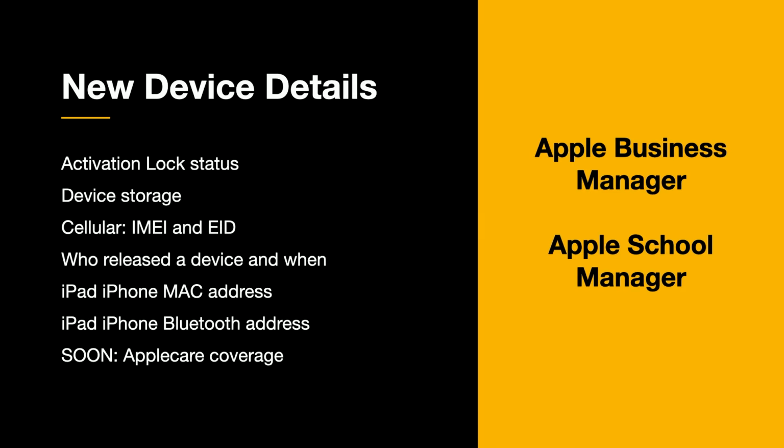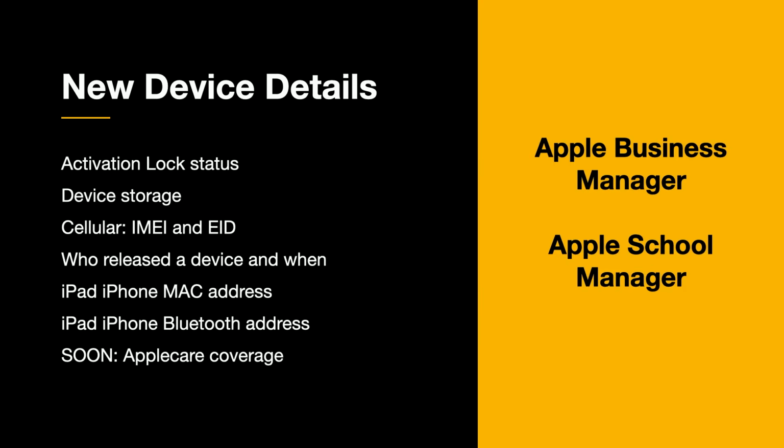Yes, that's huge, right? Not only can you turn off activation lock for that device, but you also have the information about activation lock. Device storage information is now available in a device view.